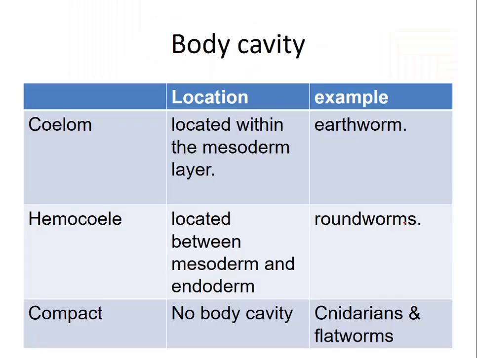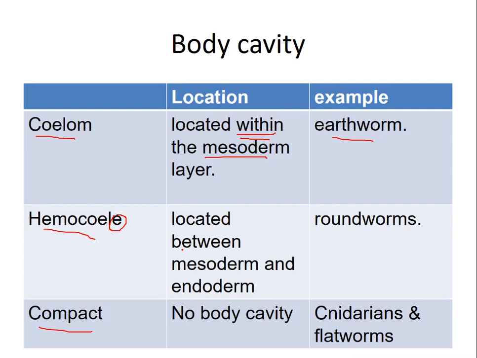Okay, so this is a summary about the body cavity, divided into three: coelom, hemocoel, and acoelomate. For coelom, remember the cavity is located within the mesoderm layer. An example can be found in earthworm, phylum Annelida.